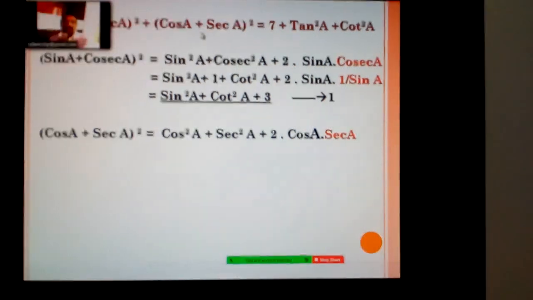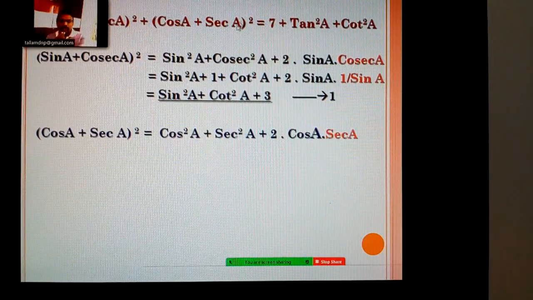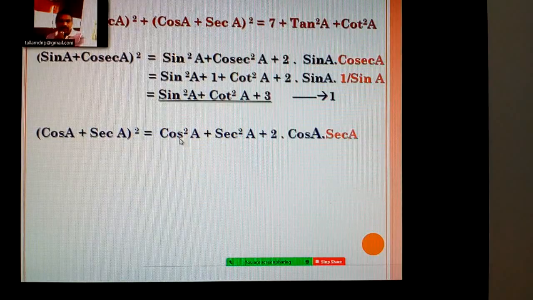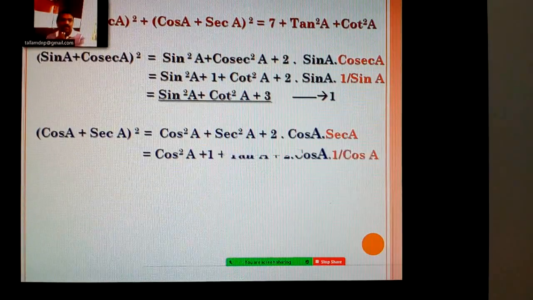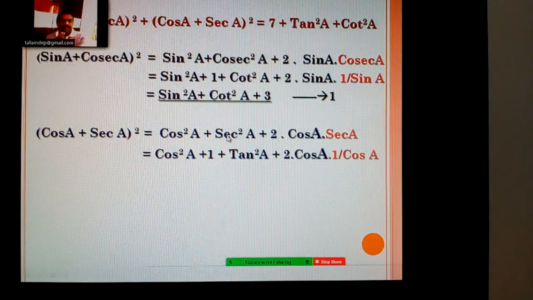Now take the second part, that is (cos A + secant A)². Expand following the (A + B)² identity. So then cos² A + secant² A + 2 cos A into secant A. So here some terms are to be modified. Secant² A is replaced by its equivalent expression, and secant A is written as its reciprocal identity 1 by cos A. So then what we get?